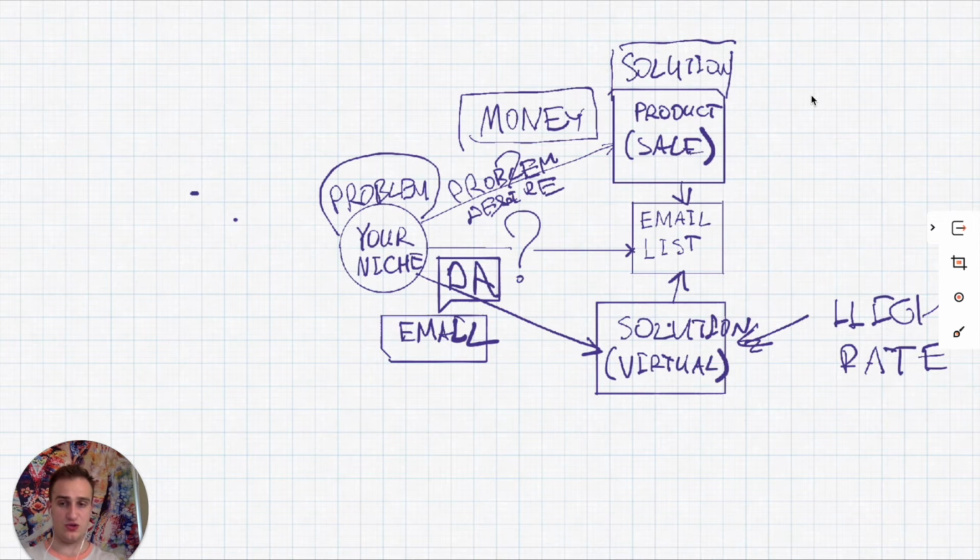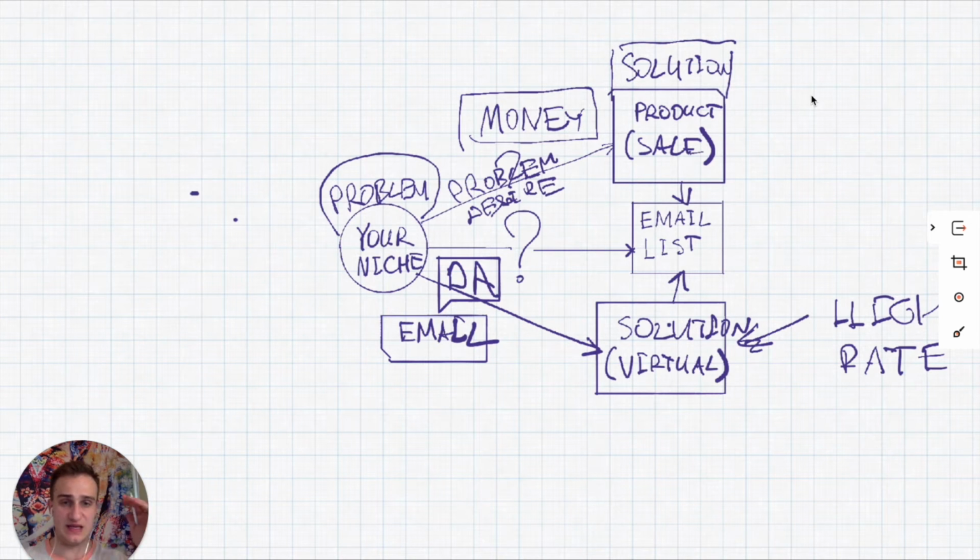So you're running ad copies, and you put there: get this free guide, video, community access, whatever. And people actually get it for free. So all your ads should be directed to get the free solution.